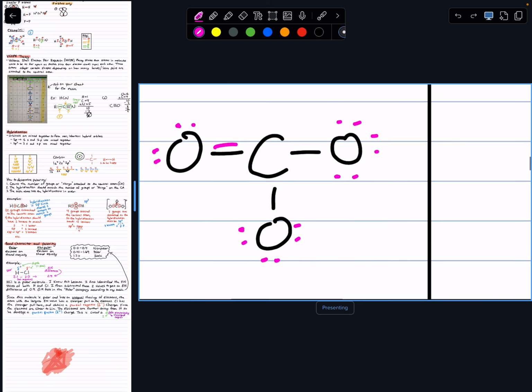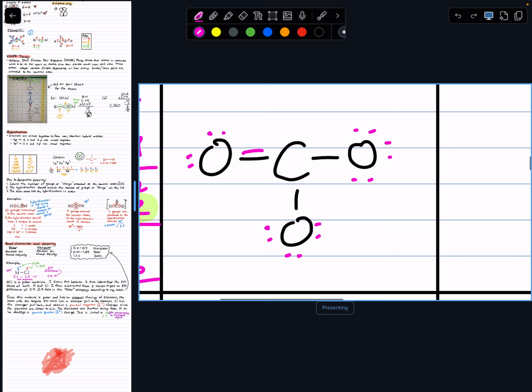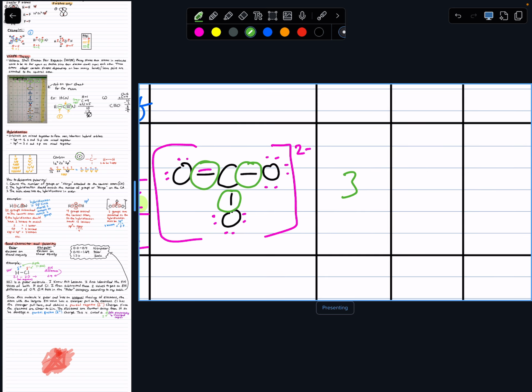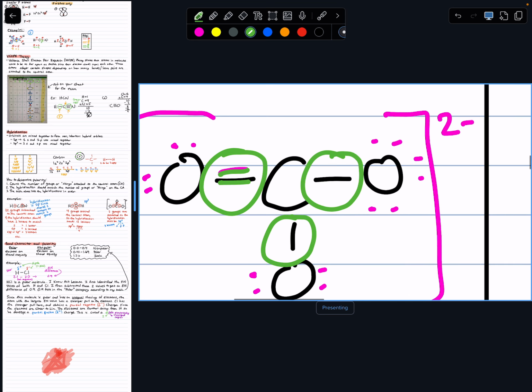Okay, good. Ready? So am I done with this? What's wrong with this? Brackets with the charge. How many total groups do I have? 3 groups. Don't count the lines here, remember.